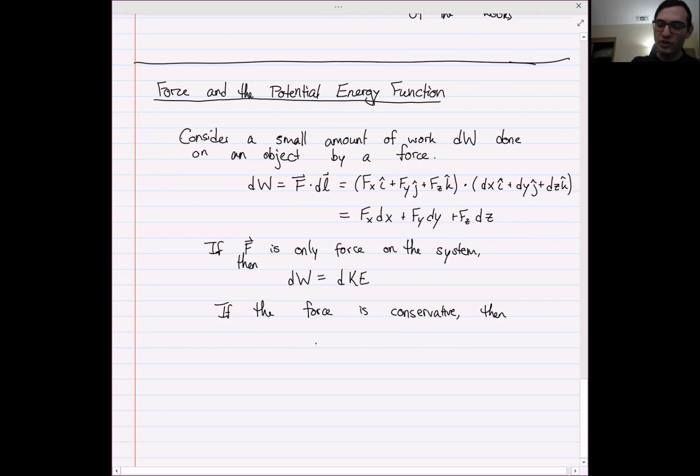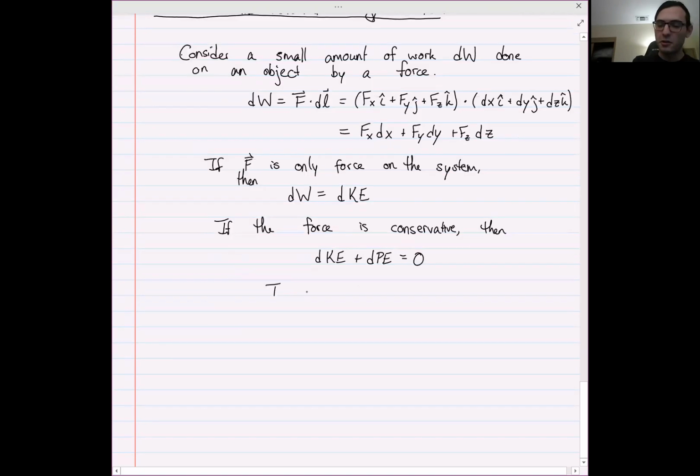So if you slightly decrease the kinetic energy, that means that you slightly increase the potential energy. So these changes added together should be zero. And so that implies that the small amount of work done is equal to the negative of the small change in the potential energy. This shouldn't take you by surprise, because we know for a conservative internal force, the work done by that force is the negative of the change in the potential energy. This is just the differential equivalent of that.